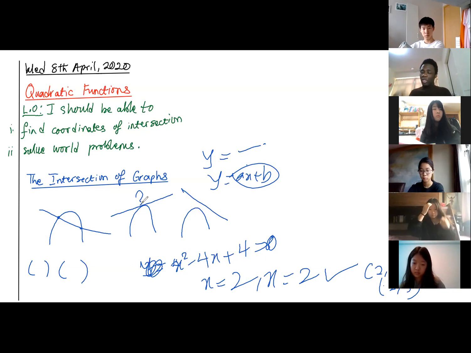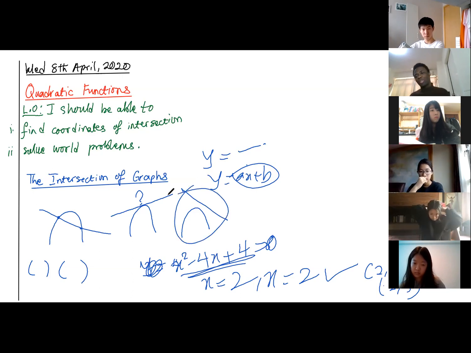Now, the case you have just solved, whereby your quadratic does not have a solution, it means there is no point of intersection. So this is the case I gave you in the question. You are not wrong. It's just one of the 3 scenarios. One scenario is to have 2 values of x after you solve the quadratic, which means the line and the curve meet at 2 points.